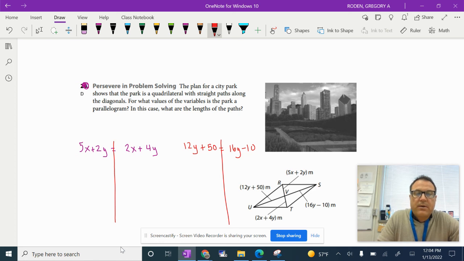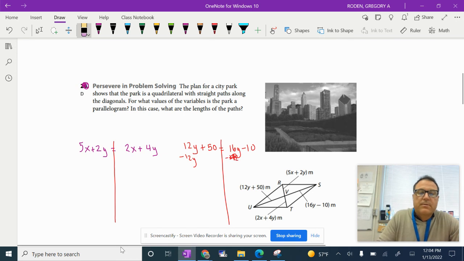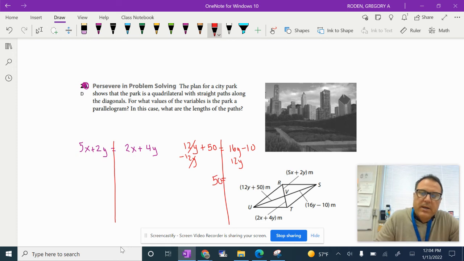So in this case, I'll go ahead and subtract 12y from both sides. Sorry about that. Subtract 12y from both sides. And so those y's cancel. I get 50 equals, well, 16y minus 12y is 4y, minus 10. And then we'll add 10 to both sides.